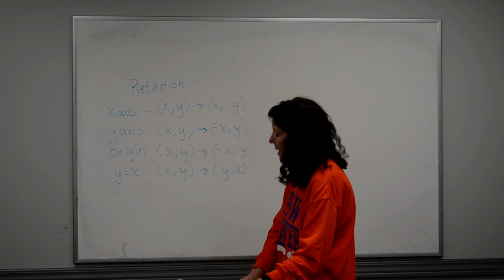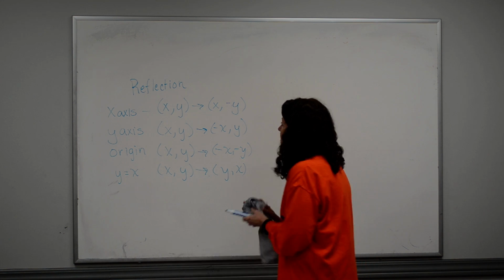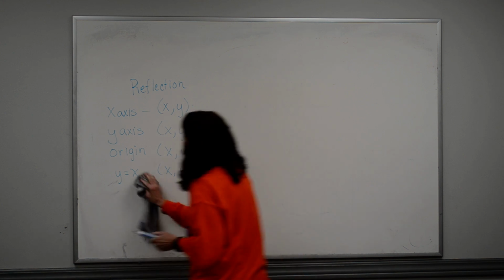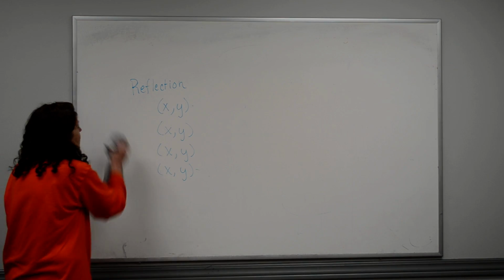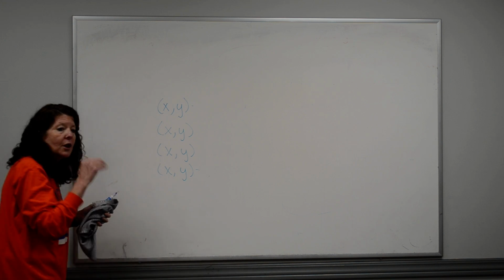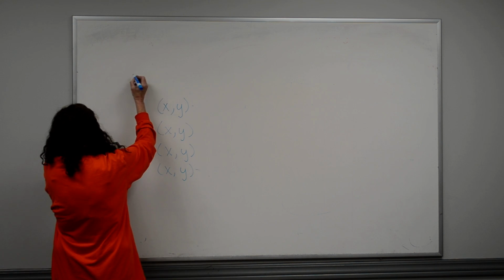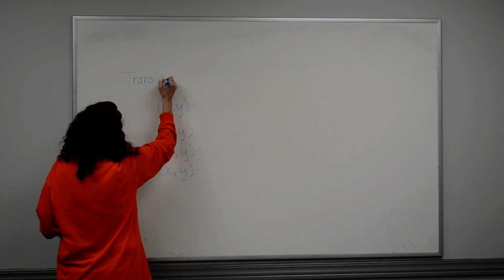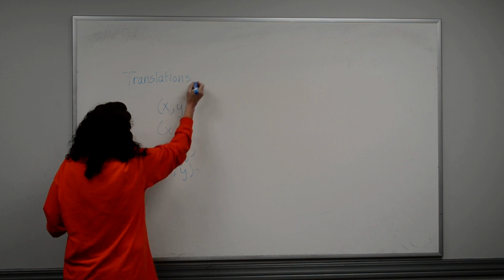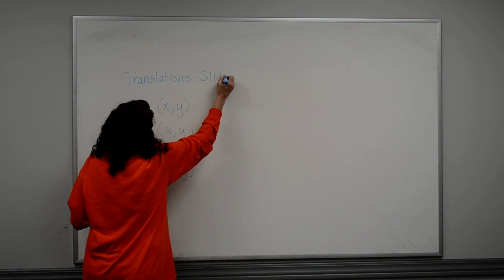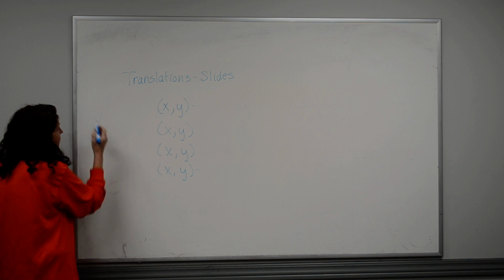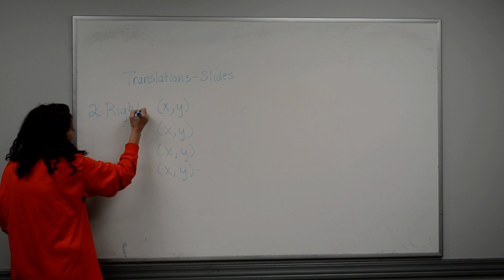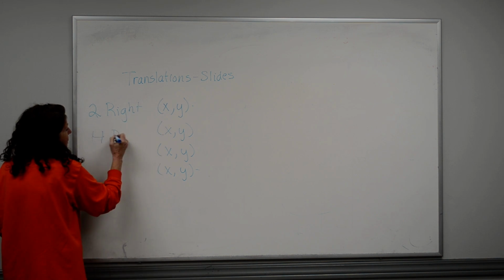On page 2 of the study guide, it is all about translations. With translations, you're literally going to slide it, or just move it right and left, which affects the x, or you're going to move it up and down, which affects the y. So on translations or slides, they might present it with just 2 right and 4 up.